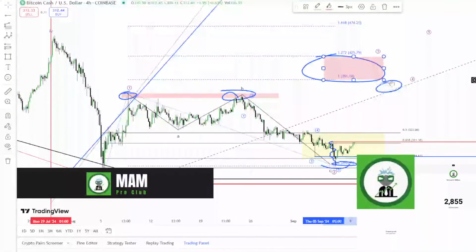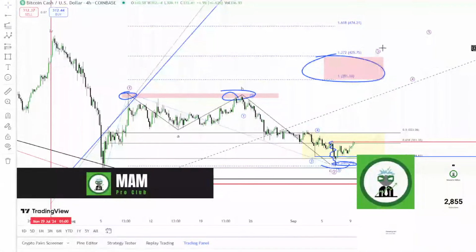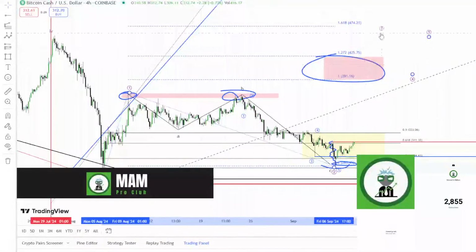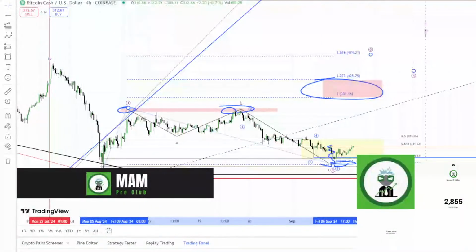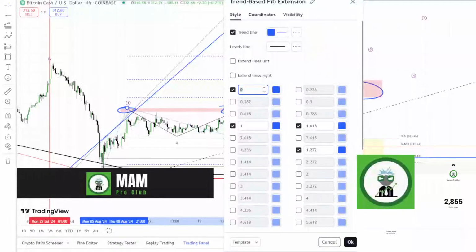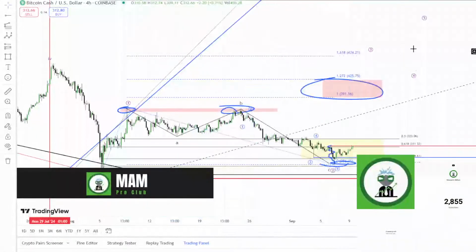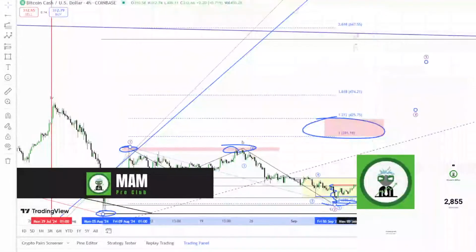You'd expect at least to achieve those numbers for a wave 3. However, if you get past the 1.618, which is where you really want a wave 3 to hit, then you know that the move is impulsive. So really you want to see that. Also, it can extend to the 2.618, which is what I think it is going to do.